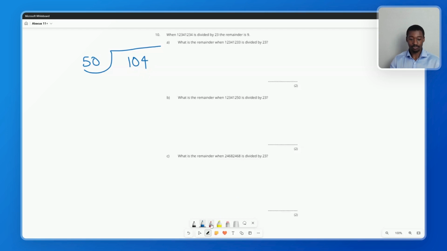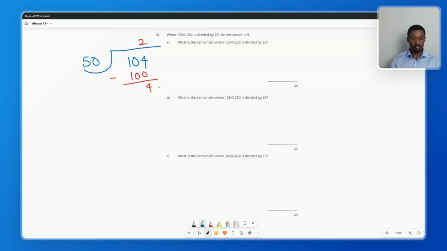We realize that 50 goes into 100, or goes into this number fully twice. So it goes in fully twice, but then we have 4 left over because this 104 number, this number that we're dividing, is actually 4 bigger than the number that 50 goes into wholly.